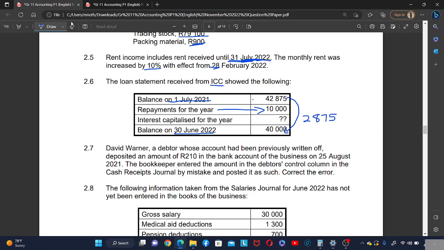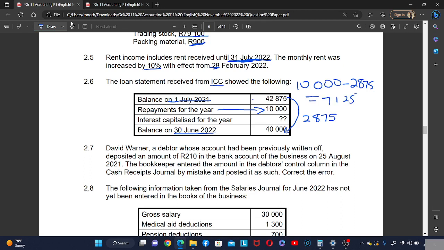Now we know that the loan decreased by 2,875. So this means that to find the interest, we're going to say 10,000 minus 2,875 is equal to 7,125.